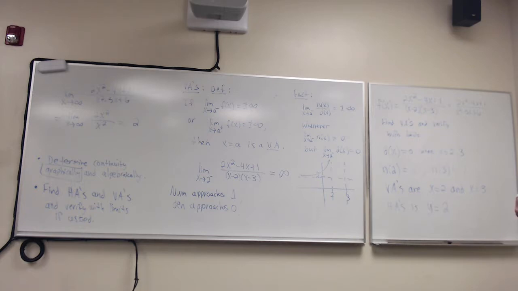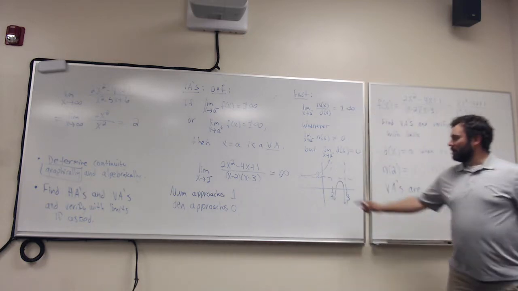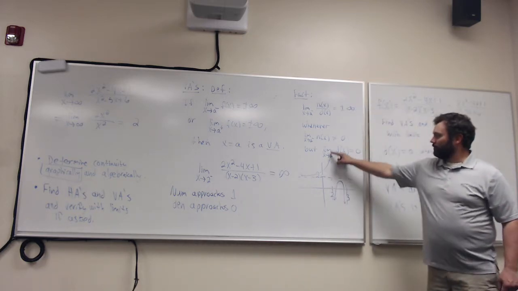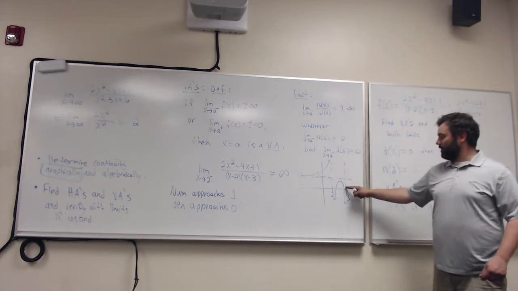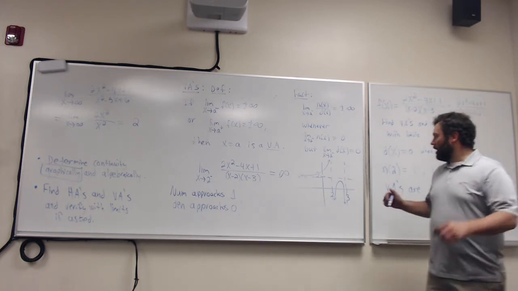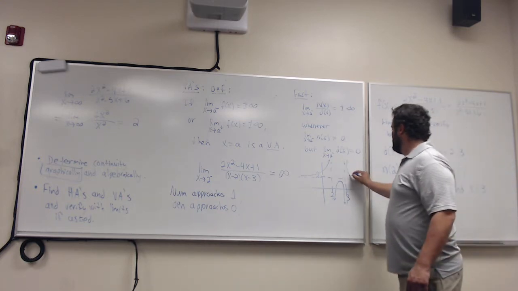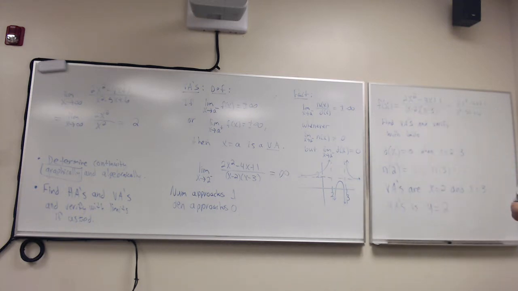But between 2 and 3, your graph might look something like this. So as I approach 2 from the left, the function goes to infinity, and then I was talking about approaching 3 from the left, and the limit would have been negative infinity. And then you might have something like this again. In fact, I think that's what this graph is going to look like if you went into Desmos and plotted it.